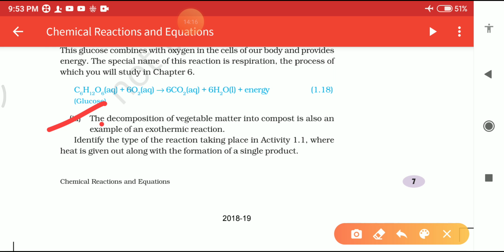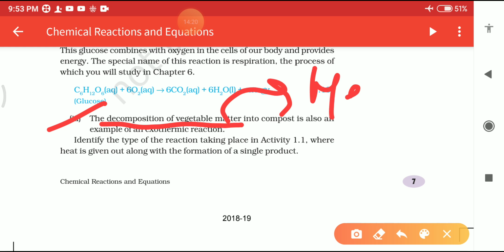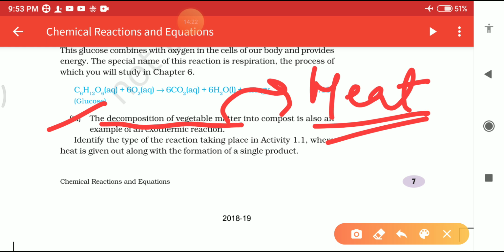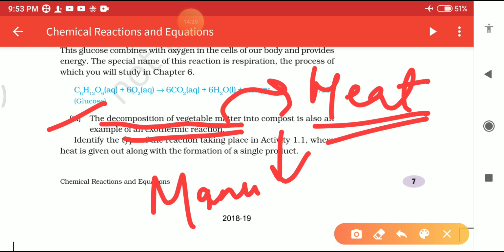If anything is decaying, it releases heat. If heat is released outside, then we can say that it comes under the exothermic reaction. Compost means what, student? It comes under manure.